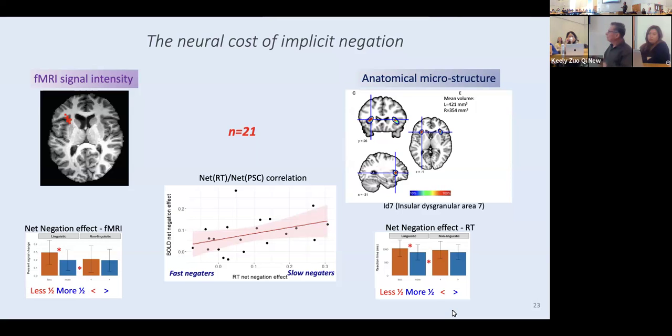So you could imagine that the world is divided into fast and slow negators. If you're a fast negator, your differences are small. If you're a slow negator, you pay a big price for negation. And the question is, do these things reflect on the two different measures here? And the answer is yes.